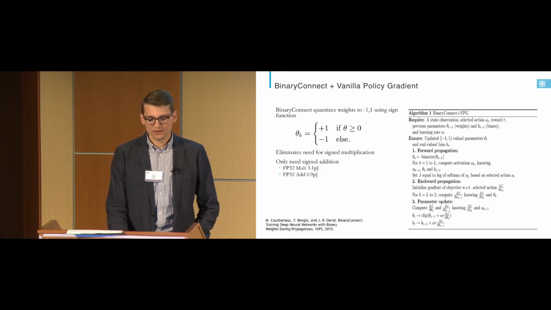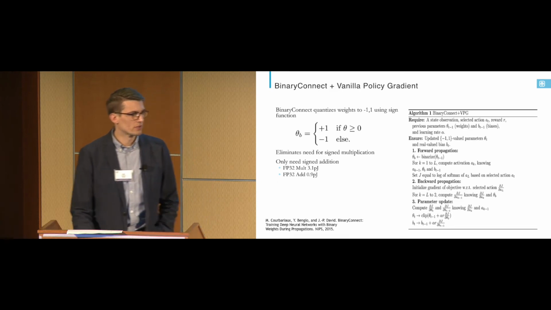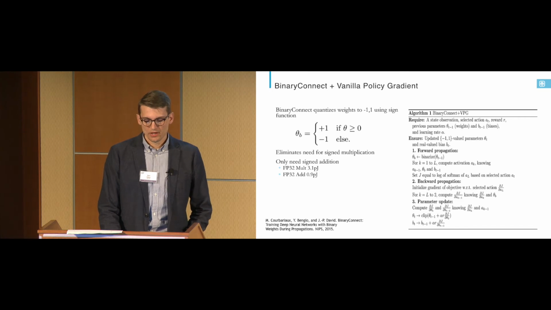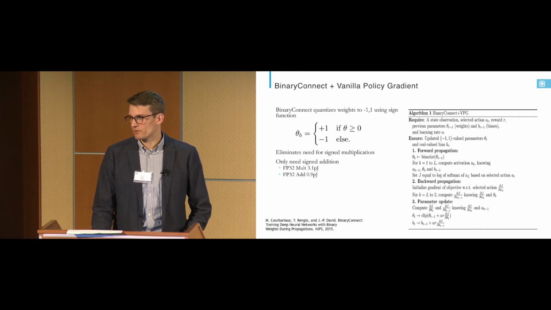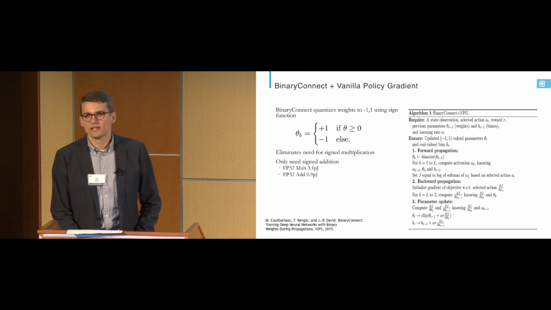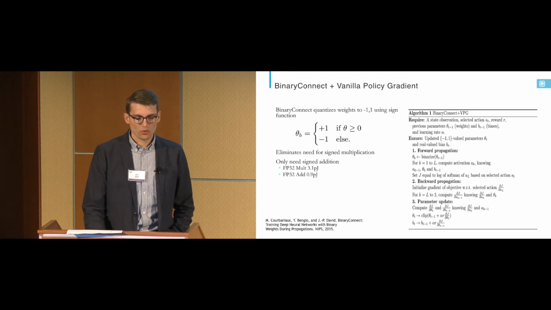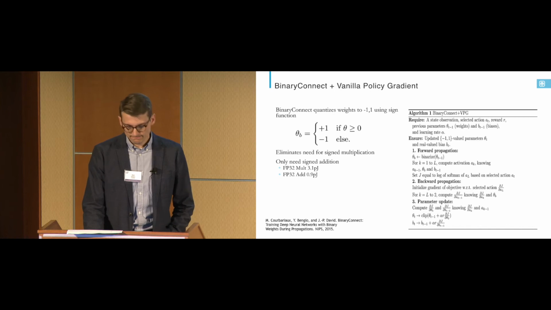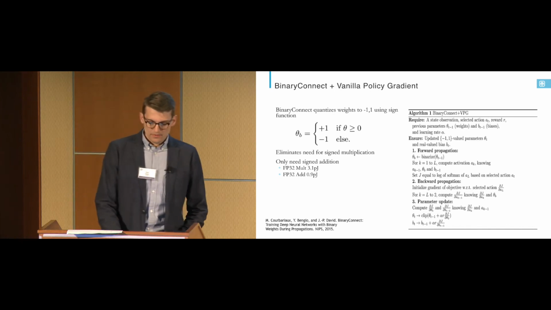If the full precision weight is positive, it converts it to +1, and otherwise it's a -1. From an optimization perspective, this eliminates the need for multiplication, which, using the estimates I used earlier, a 32-bit multiplication is approximately 3 picojoules, and we can get to a third of that by just using signed addition.